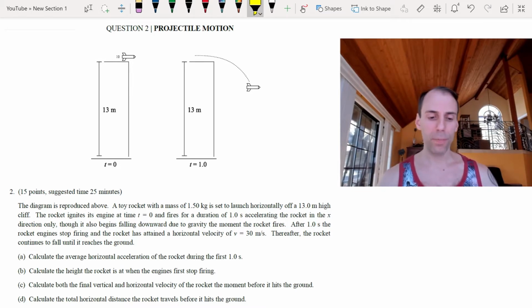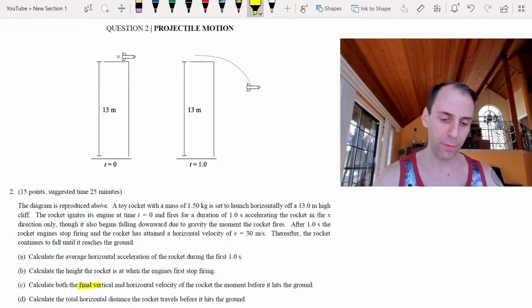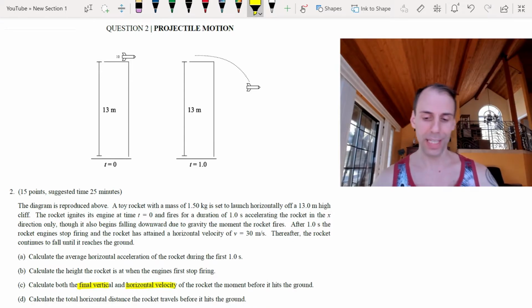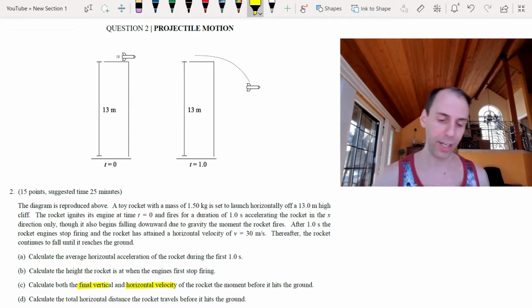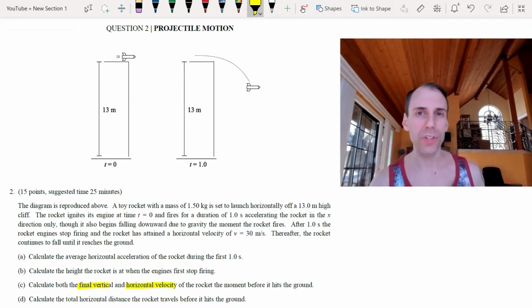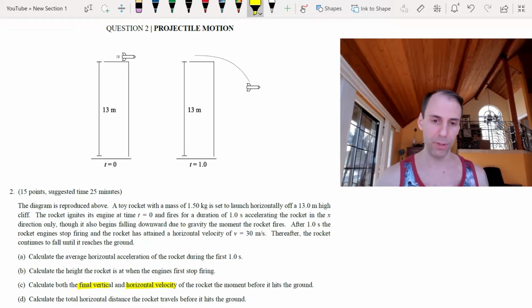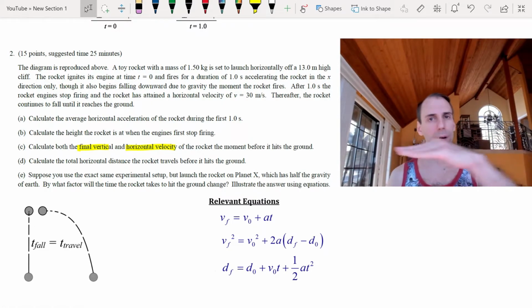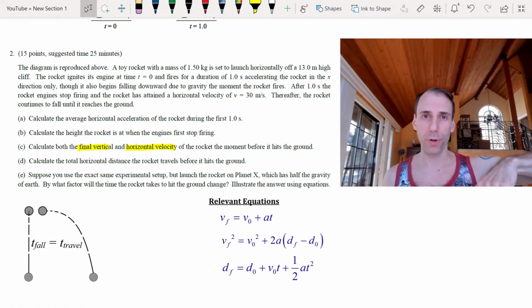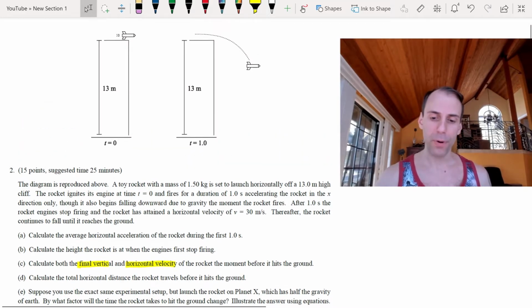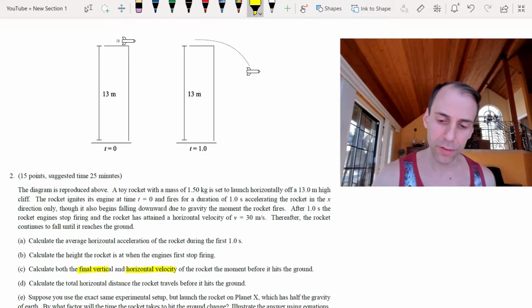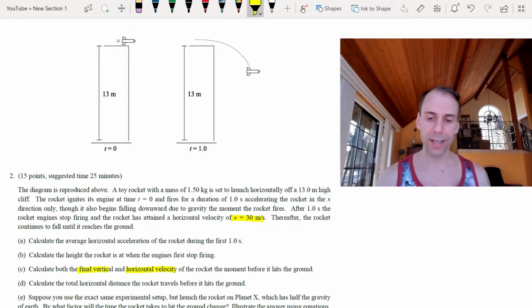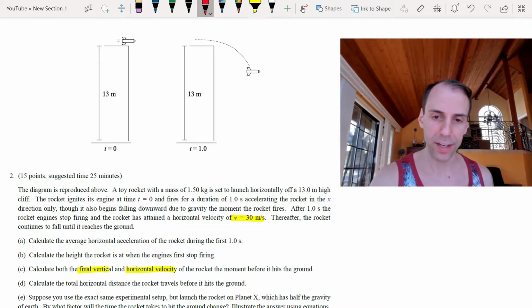For this part, we're to calculate the final vertical and horizontal velocity of the rocket before it reaches the ground. Basically, at ground level, that millisecond prior. And guess what? We're taking advantage of that same physics principle again. The horizontal component has no effect on the vertical component. So remember that the final horizontal velocity of the rocket is 30 meters per second here.